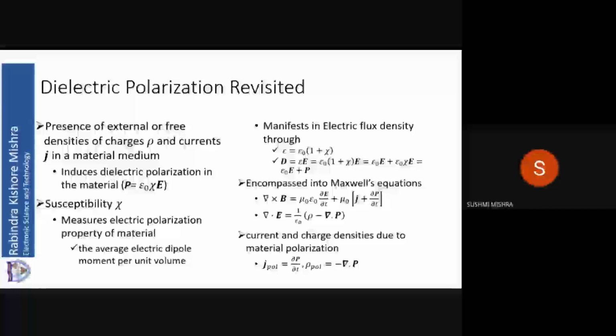revision of dielectric polarization. Remember one thing, the polarization here is for the polarization of material molecules. The molecules in the material, how they are polarized in the presence of an external field. This is completely different from the polarization of fields, which is in free space, which is in charge-free or source-free space.